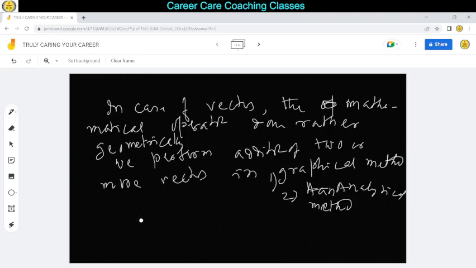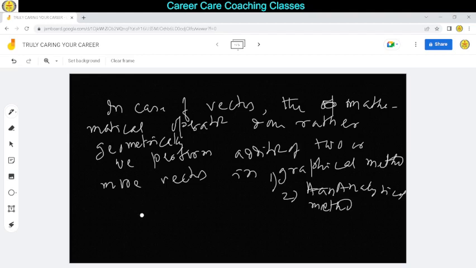Before going to the vector addition or subtraction, we will be acquainted with two important rules using which we can perform vector addition and or subtraction.